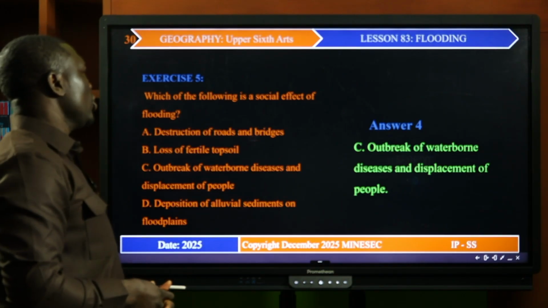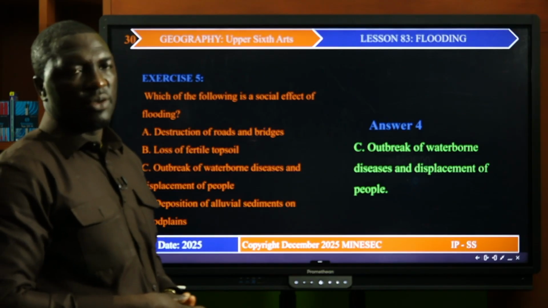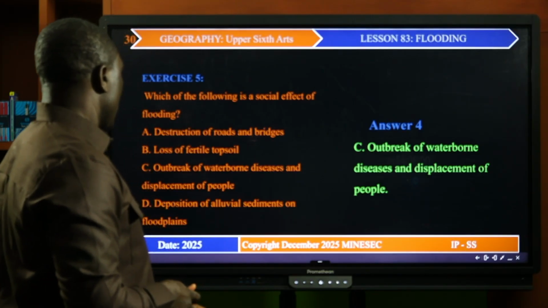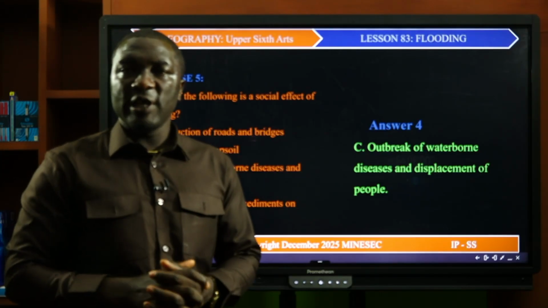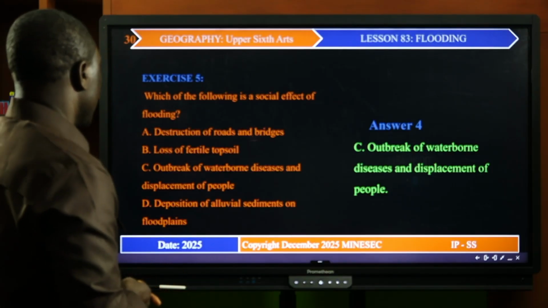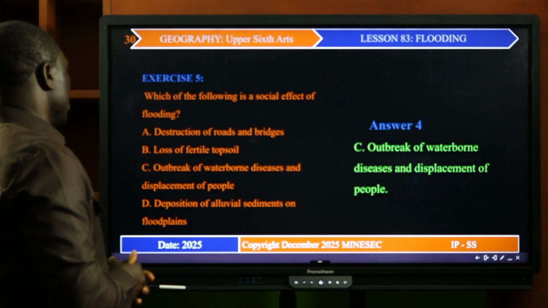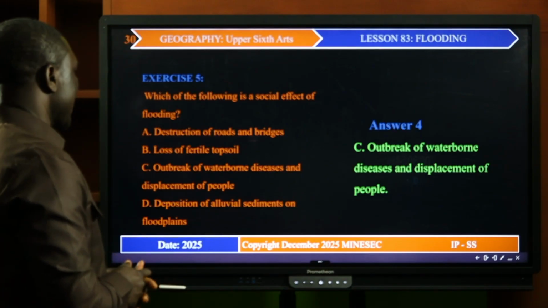Slide 5. Which of the following is a social effect of flooding? A. Destruction of roads and bridges. B. Loss of fertile land.